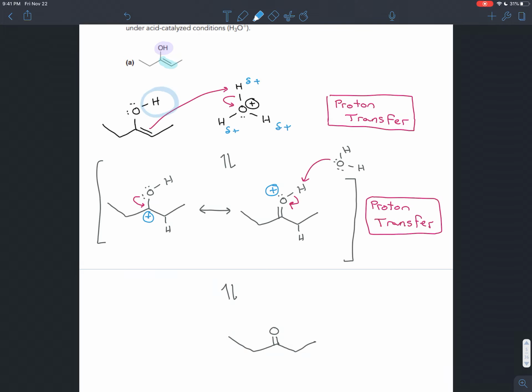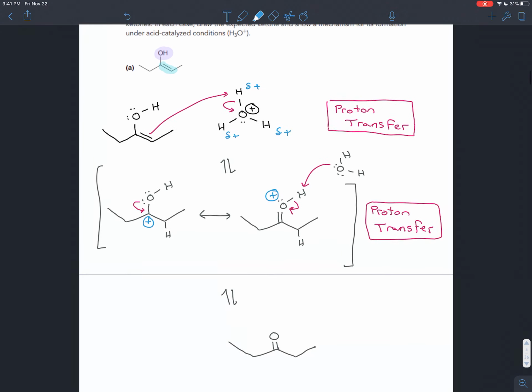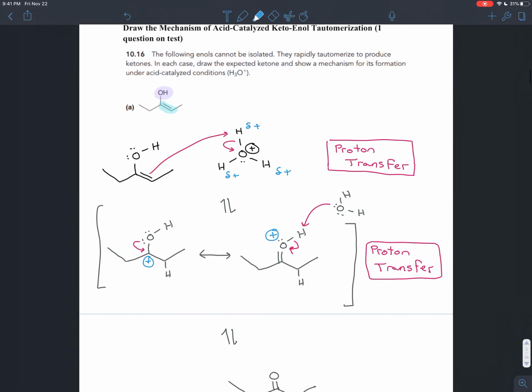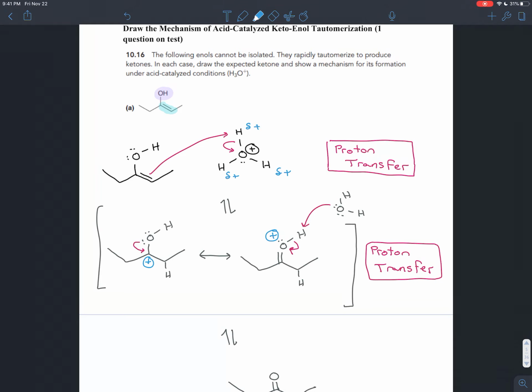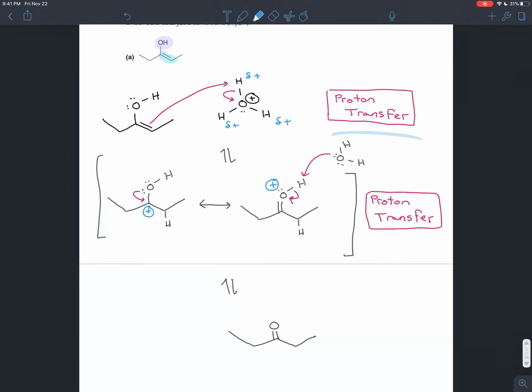We took it off of one position and we added it to another. So that's keto-enol tautomerism. And that's what you get when you do acid-catalyzed hydration to an alkyne. At first you get this enol, but that tautomerizes to this ketone by doing 2 proton transfers.